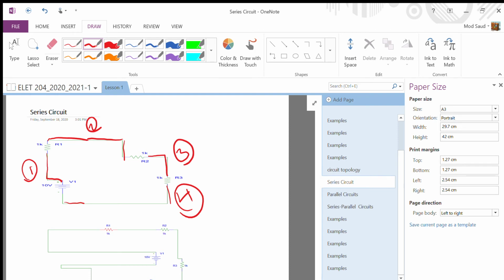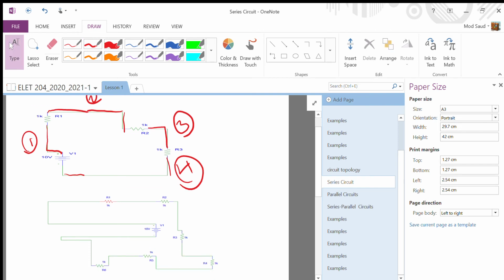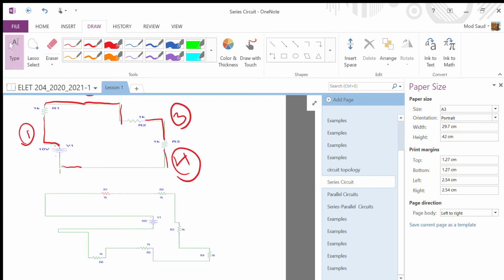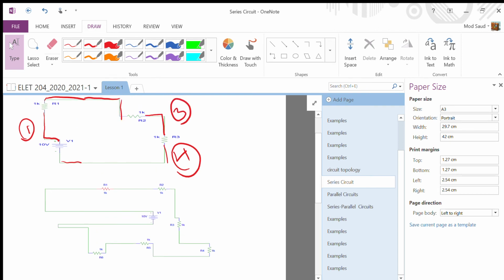So each node in the circuit, identify number of nodes, 4 nodes. Each node is connecting only two elements, two parts. Look to the circuit, there is some zigzagging. This is node number 1, node number 2, 3, 4, 6, and 7.